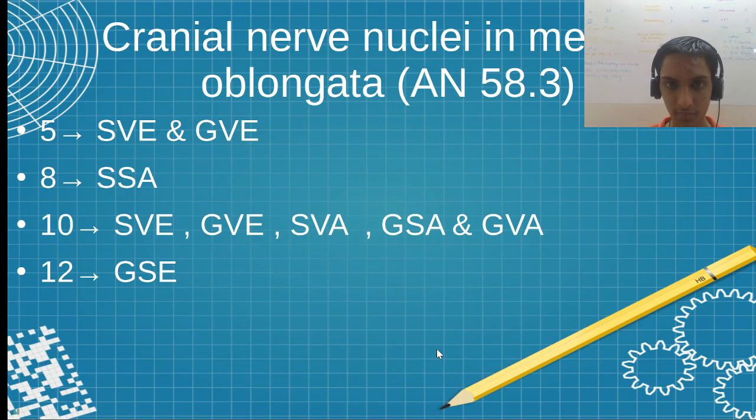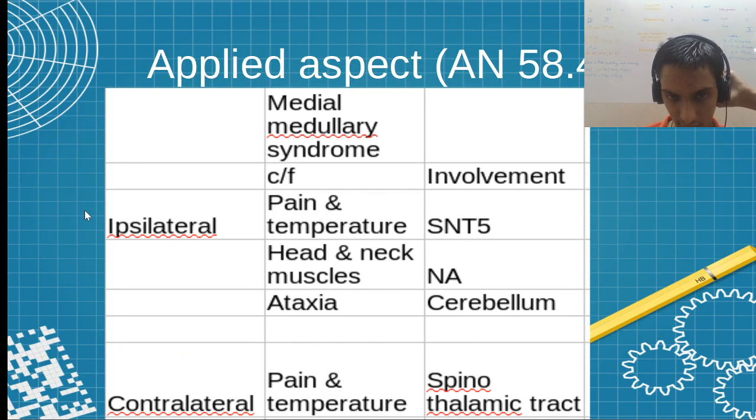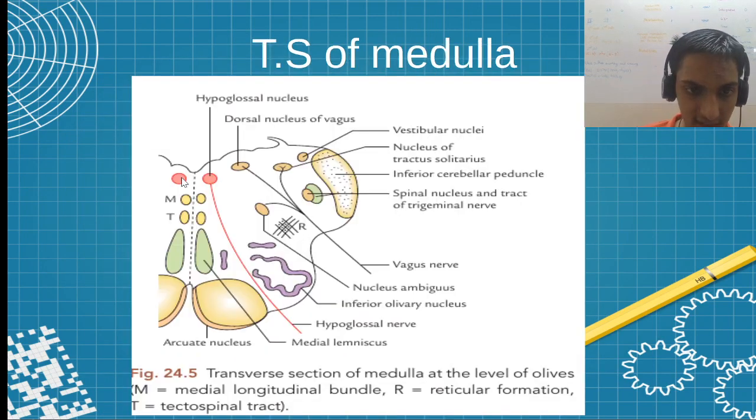Okay. So let us see the cranial nerve nuclei in the medulla oblongata. So what are the nuclei? 5, 8, 10 and 12. So I'll show you the nuclei. Here we are seeing the 12, 10, 8, 5. This is 5, 8, the vestibular part, 10 and 12. Okay.